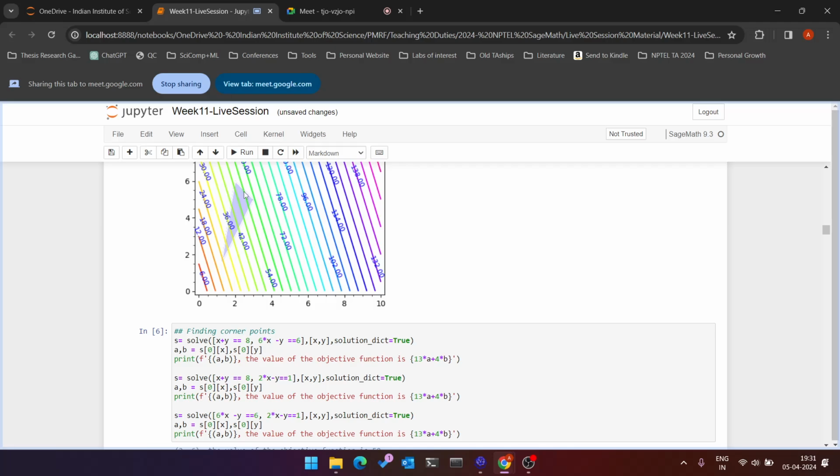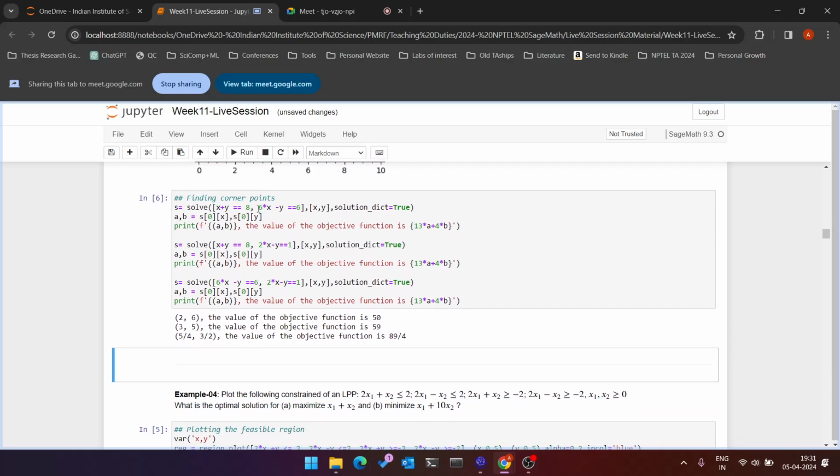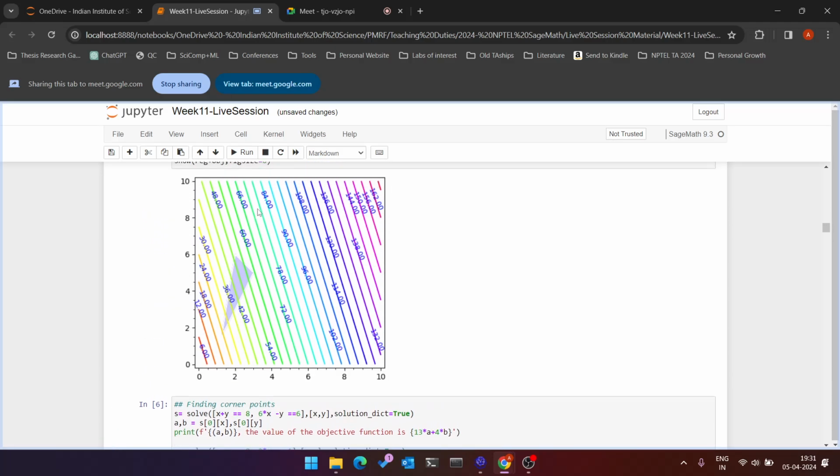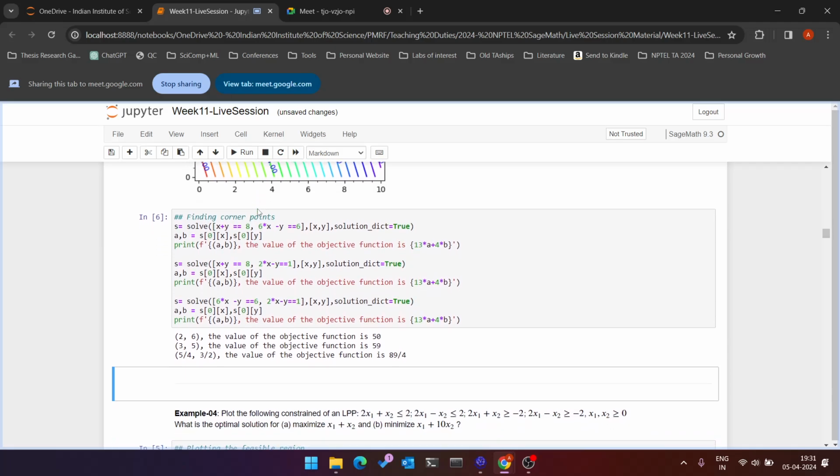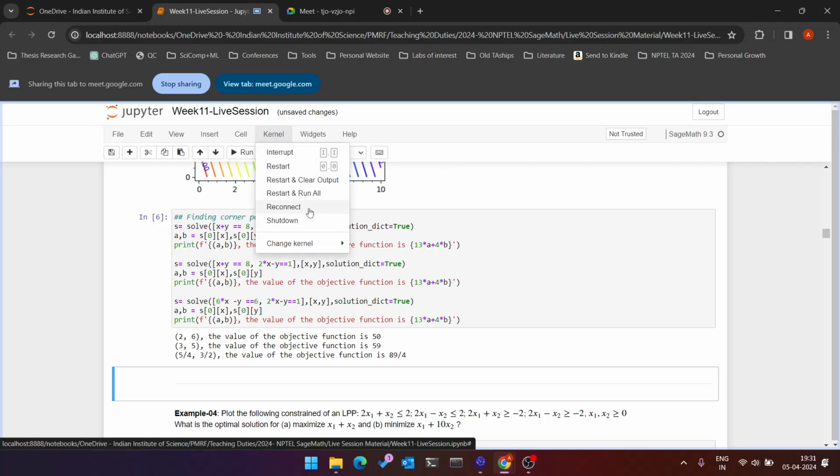We see that the region is bounded and the solution comes at a corner point. Any doubts with this problem? If not, we'll move to the next one.